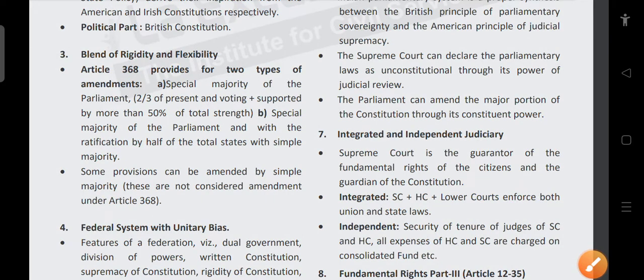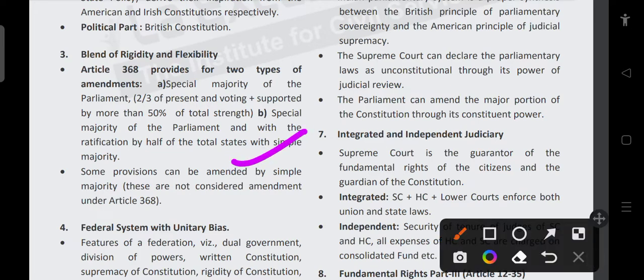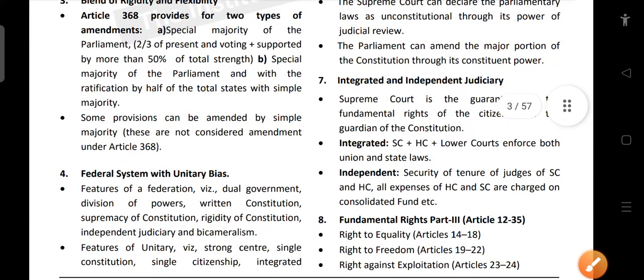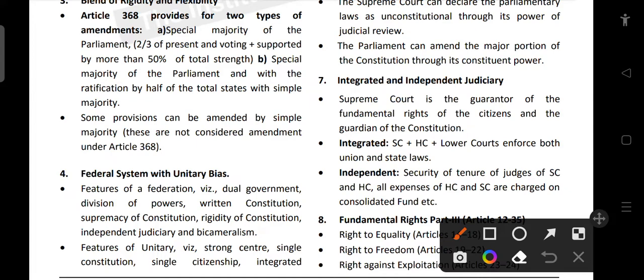Whereas in the US, three-fourths of the states have to agree. Some provisions can be amended by simple majority, and they are not considered amendments under Article 368.